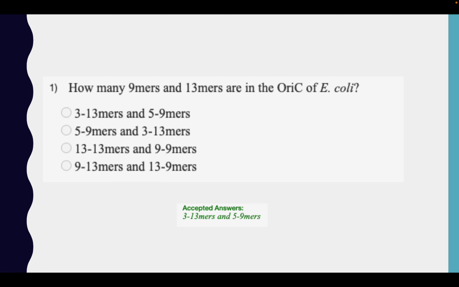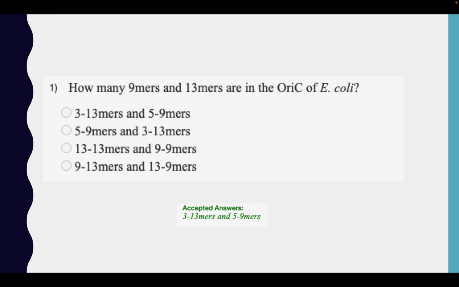So 9-mer sequences, what is the role of these? These are the binding sites of DnaA protein, which is crucial for initiating DNA replication. And 13-mer sequences are repeated sequences within the AT rich region of the oriC, which facilitates DNA unwinding during replication initiation.